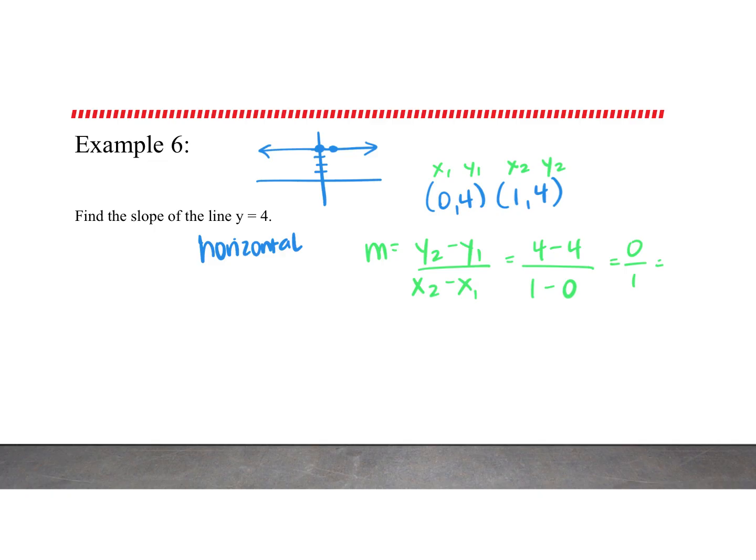So if we check it, type it in your calculator, 0 divided by 1, you get 0. And that's totally fine. We're good with that. And in fact, every time you are looking at horizontal lines, your slope is always 0.